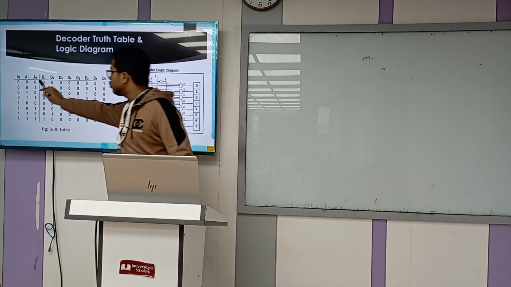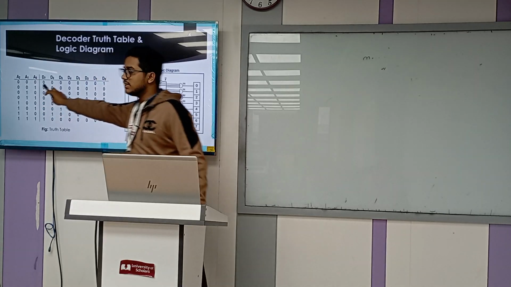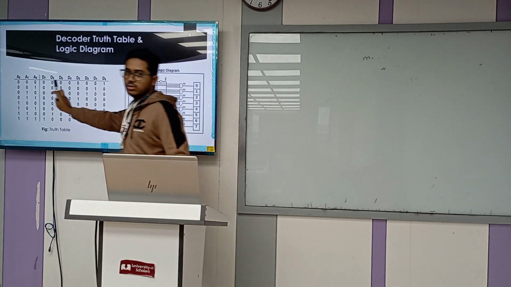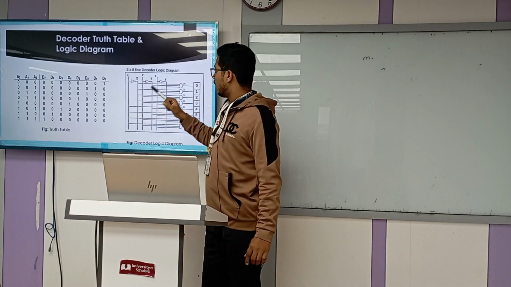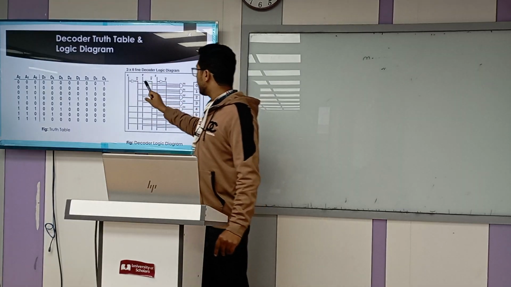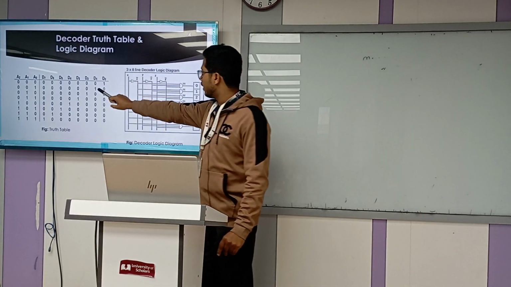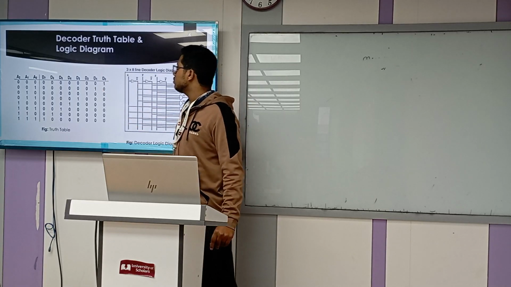When the input is 1, 1, 1, but here you can see the input is 0, 0. But why? Because we apply a NOT gate to all inputs: A0 bar, A1 bar, A2 bar.